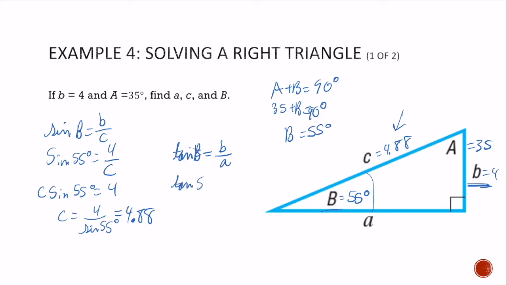So tan of 55 degrees equals 4 over a. So a equals 4 over tan of 55 degrees, which is about 2.8. So now that I've found all of the unknown side lengths and angles, I have solved this triangle.